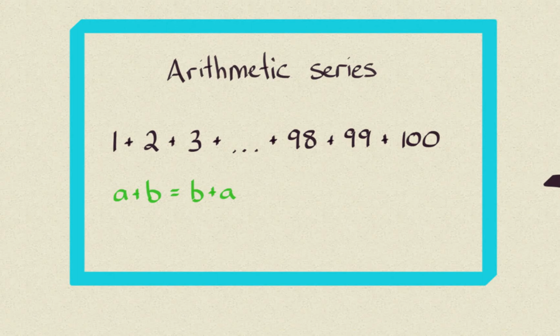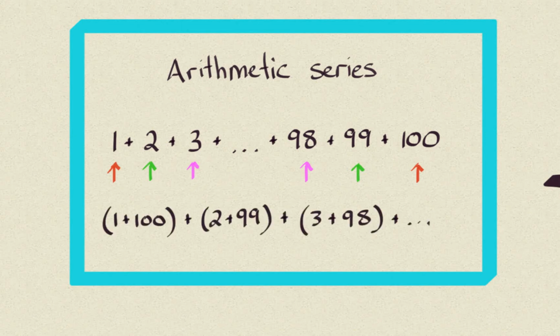So, if we take this commutative property and think about it with our question here, we can add the 1 and the 100 first, then the 2 and the 99, then the 3 and the 98, and so on. And each time we get the same thing. Each pair of additions will give us 101.